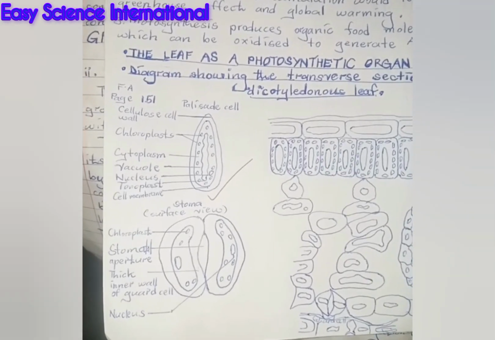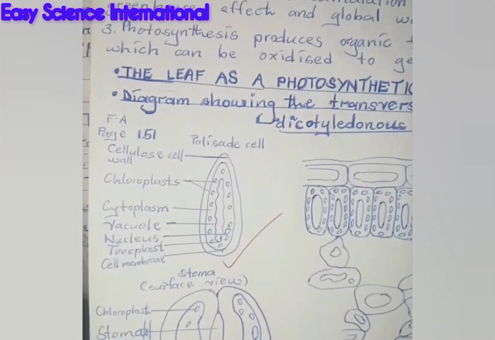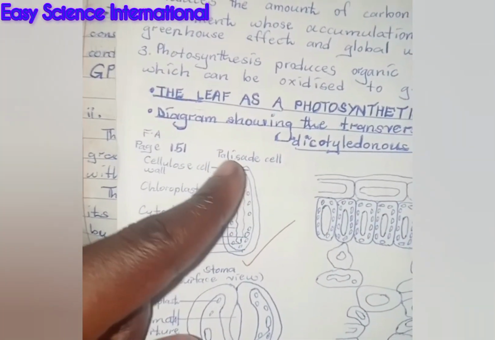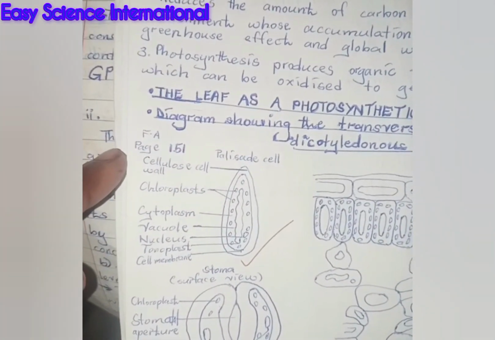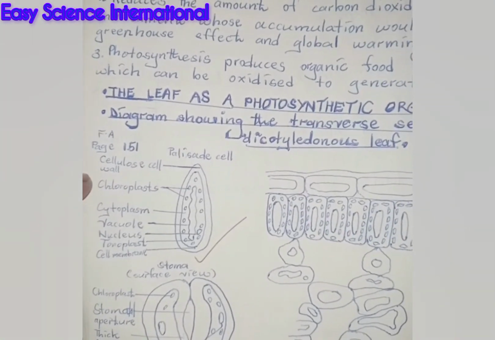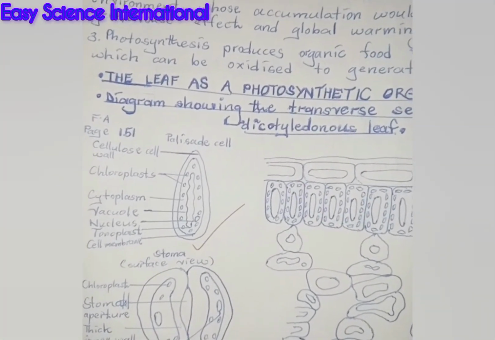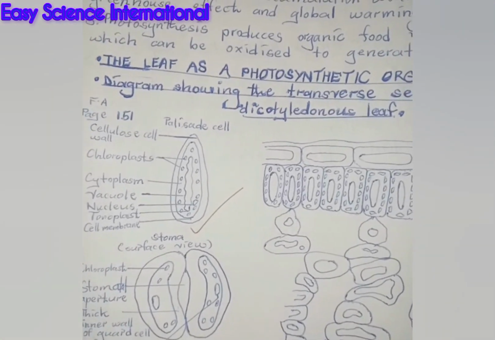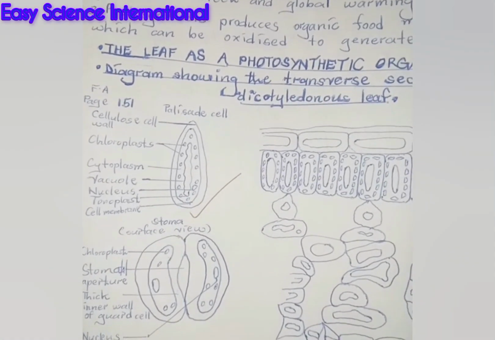This shows us the cellulose cell wall. Then we have the chloroplasts, you can see those. Then the cytoplasm, we have the vacuole, we have the nucleus, we have the tonoplast, and then a cell membrane.